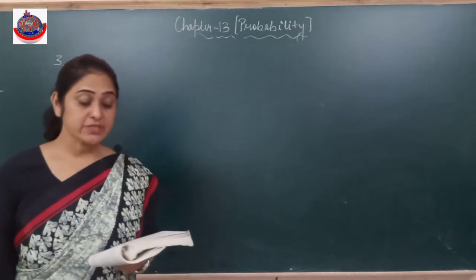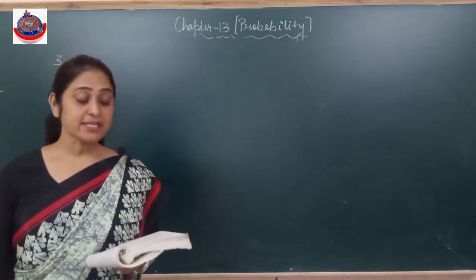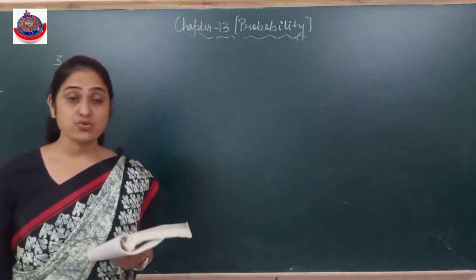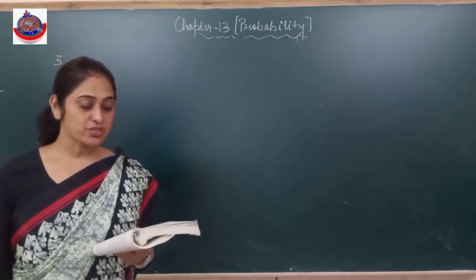A doctor is to visit a patient. From the past experience, it is known that the probabilities that he will come by train, bus, scooter or by other means of transport are given.